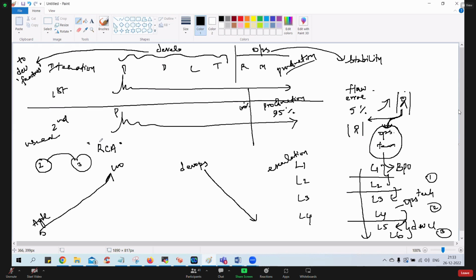When the issue is not resolved at the L3 and L4 level, before moving that ticket to L5 and L6, where a developer is required, there are some issues which are caused on the client side. See guys, the issues will be very crazy. The client may call saying something is not working, and the cause can be like this. Generally BPO will fix the issues which are client side problems.